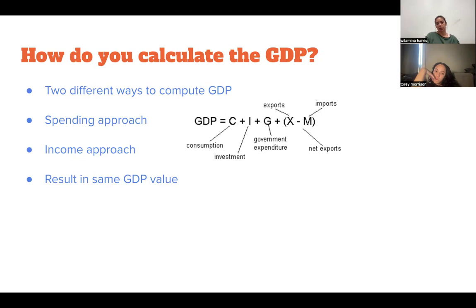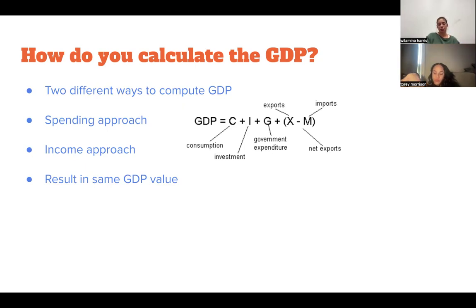Government, this says government expenditures. I say government spending. That's all the government's consumption and all the government's investments. So paying for employees, different government programs, and things that the government has to buy, at any level of government.